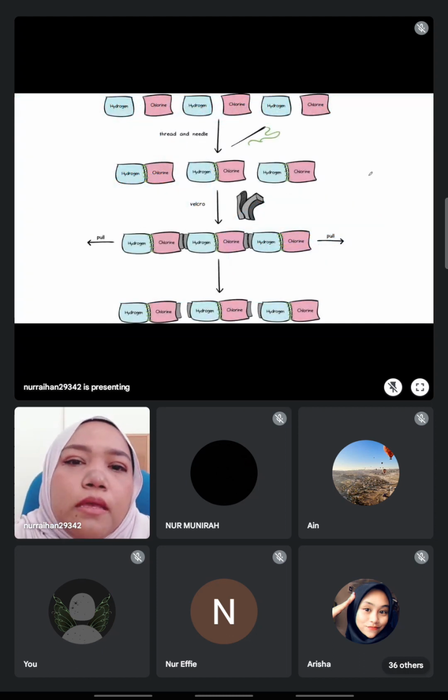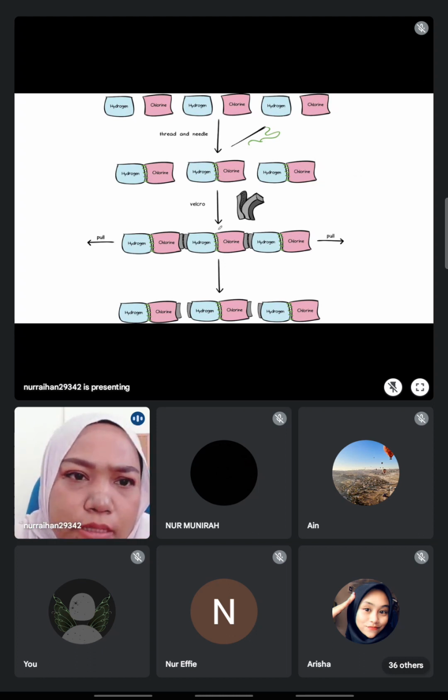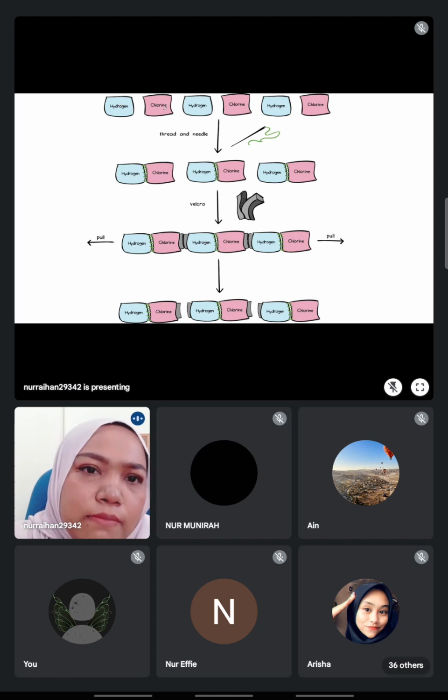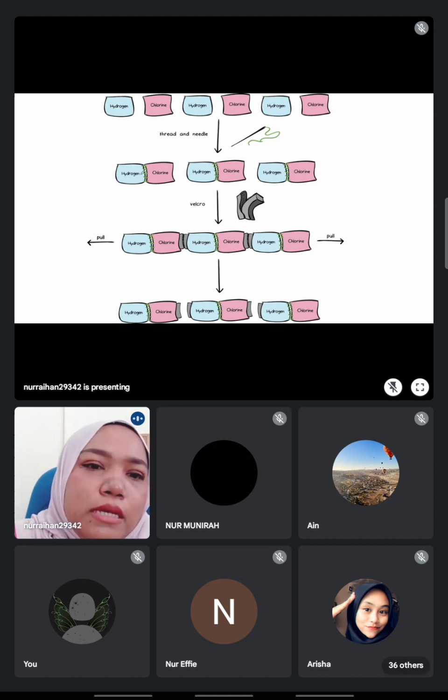Okay. So how can it be represented? Kita gunakan simple illustration macam ni. Contohnya you have hydrogen, chlorine, hydrogen, chlorine. So you have the hydrogen atom and chlorine atom. When they are combined together, hydrogen will stick to the chlorine, same goes to this one.